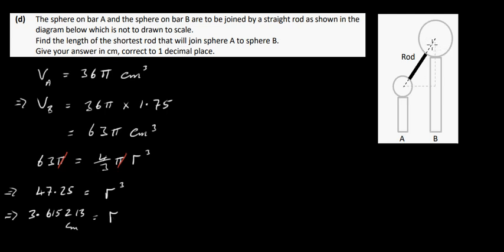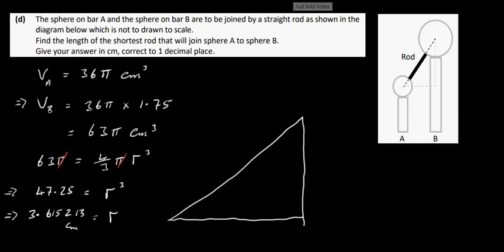Okay, so let me just draw this right angle triangle here, just to give you an idea of what we're talking about. So I'll draw it quite big. Okay, so there's our right angle triangle, and here's our right angle, so that's this corner here. So this here is broken up into three parts actually. This here is the radius of our first sphere, and we know that's 3 centimeters.